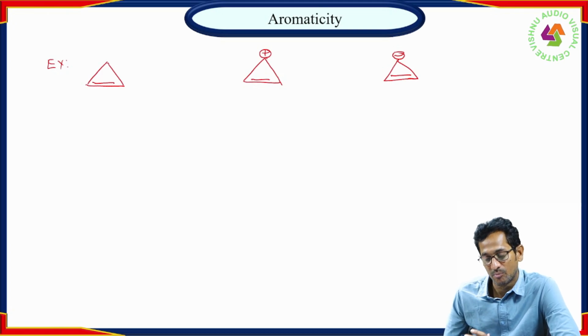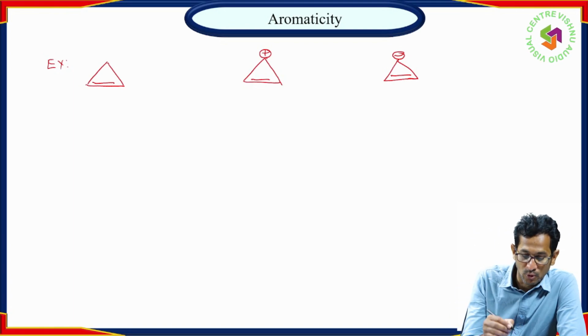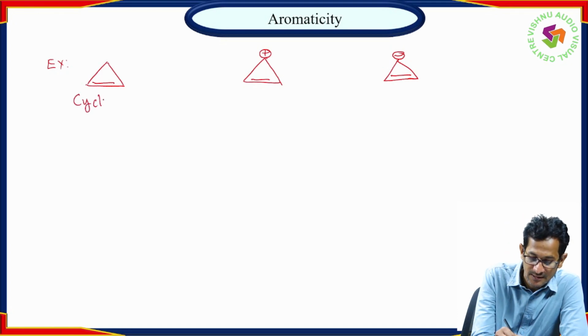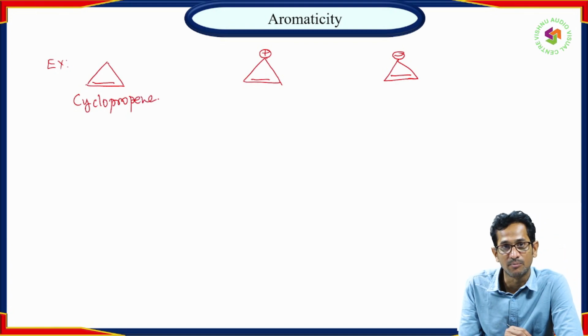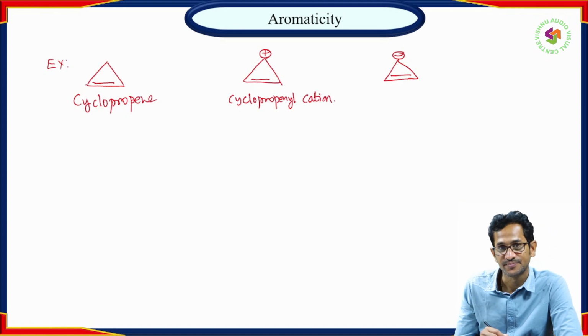Three types of compounds. All the compounds have 3 carbons. So 3 carbons means prop. The structure is cyclo. The name is cyclopropene, the first compound. The second compound is the cyclopropenyl cation.